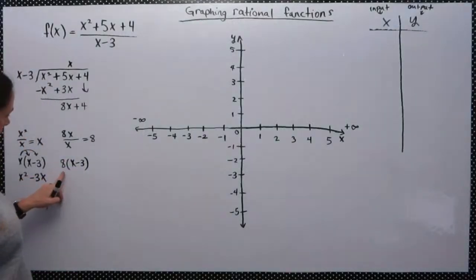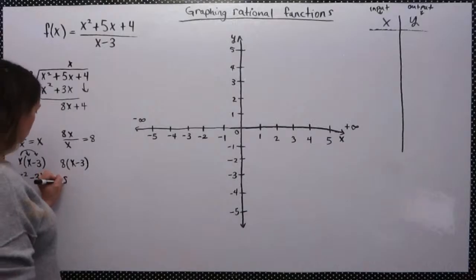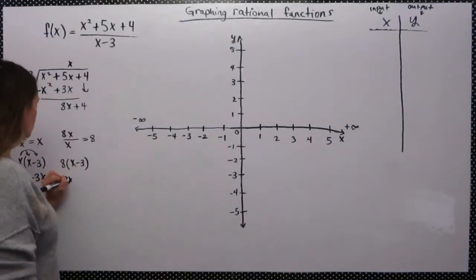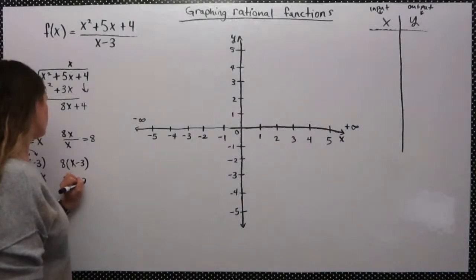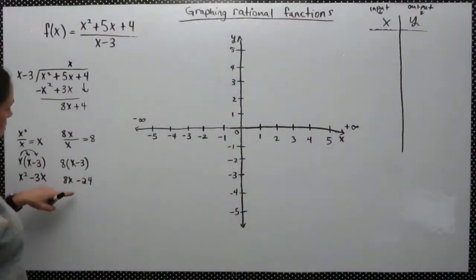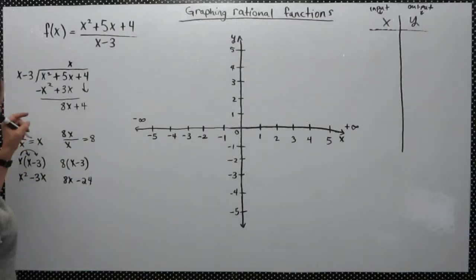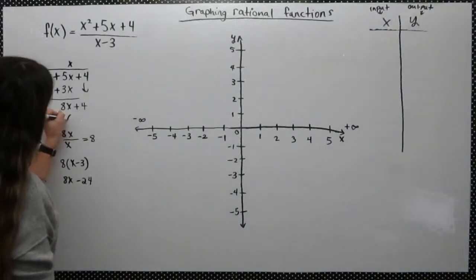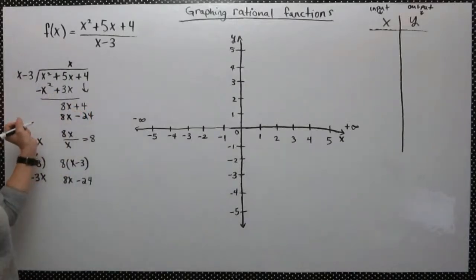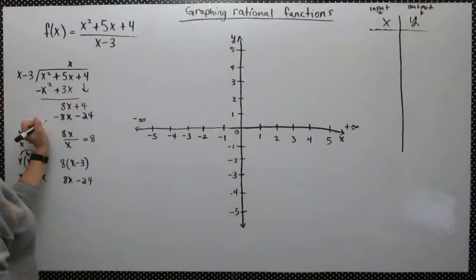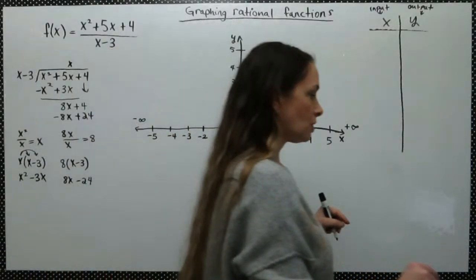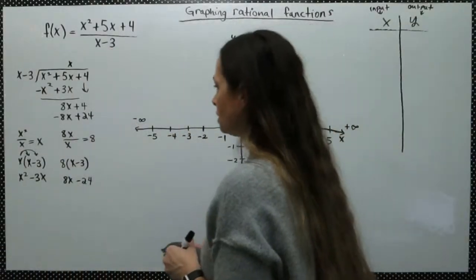We have 8 times x is 8x, and 8 times 3 is 24. So we're going to put that here, 8x minus 24. And remember, we have to change the sign. So we're going to subtract there and add there. We're doing that because we have to subtract, as I showed you in the step earlier.